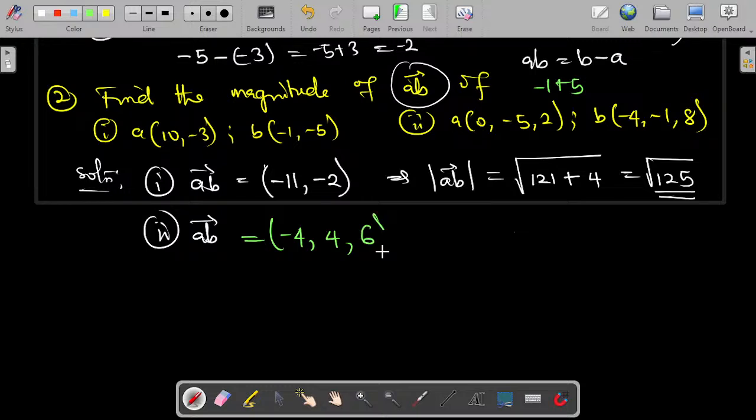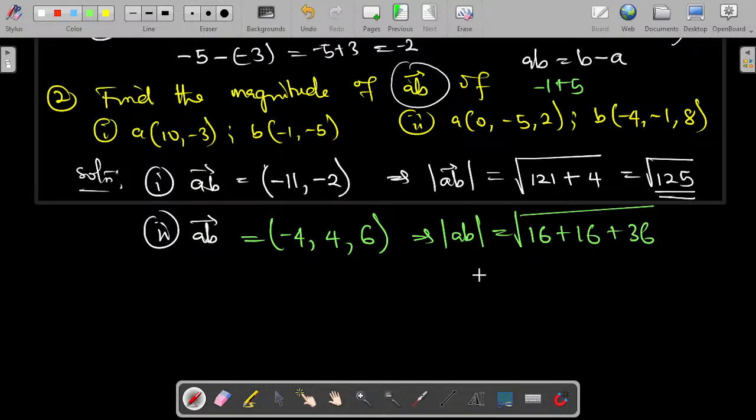So the magnitude of this now is going to be equal to the square root of the square of minus 4, which is 16, plus the square of 4, which is also 16, plus the square of 6, which is 36. So here you have the square root of 16 plus 16 is 32, and 32 plus 36 will give us 68. And so our answer is root 68.